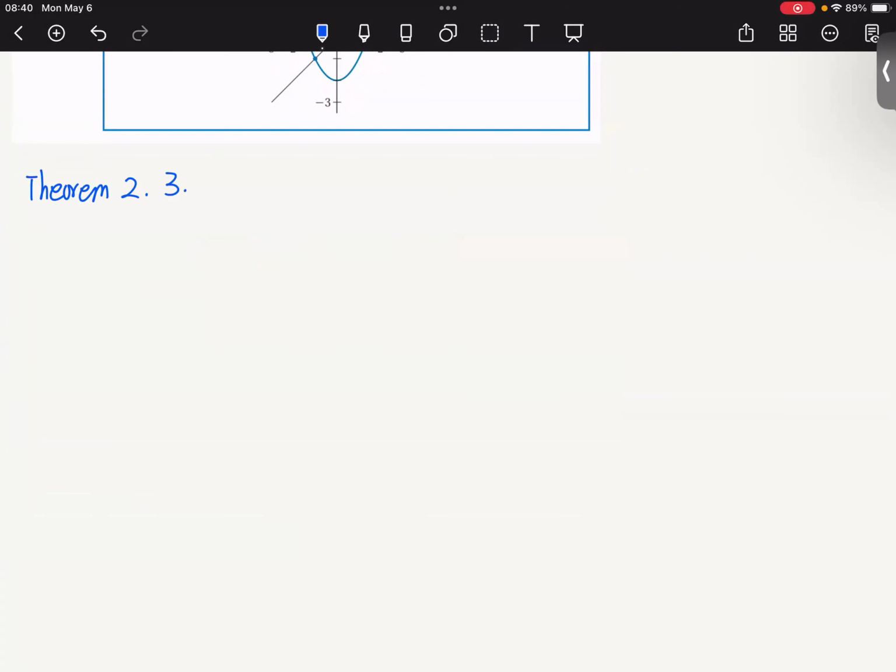This is Theorem 2.3, and it's all about the fixed point method. There are two things here: the existence and the uniqueness of the fixed point.